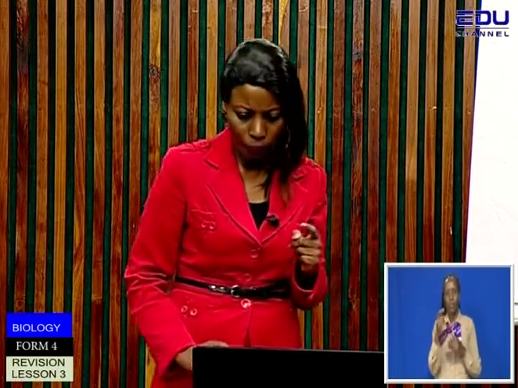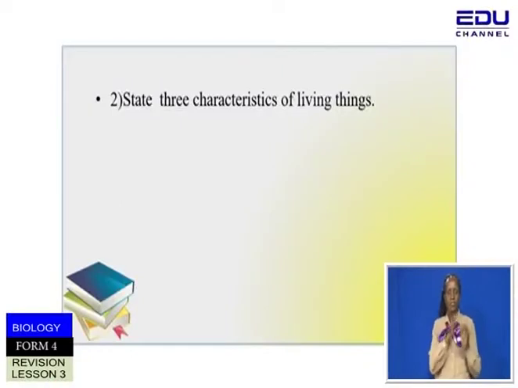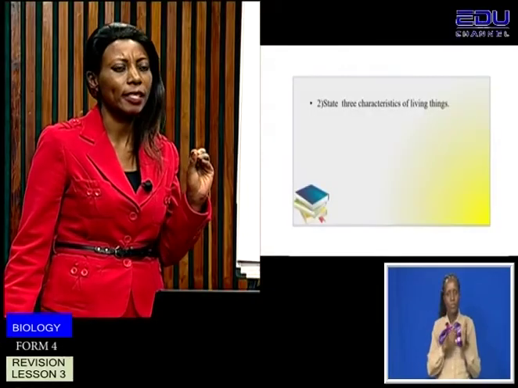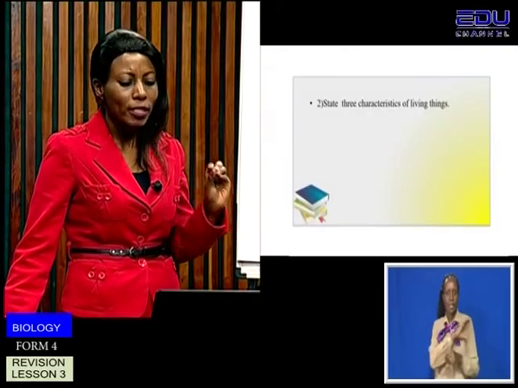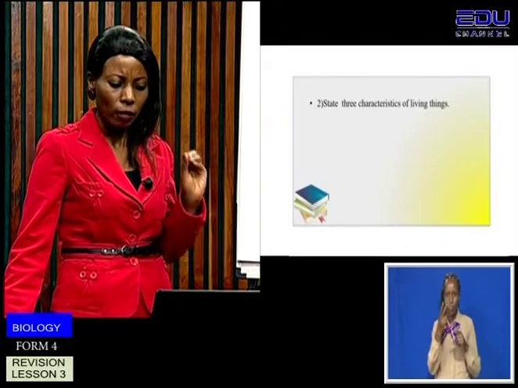Question number 2. State 3 characteristics of living things. Lana, what is expected of you in this particular question? 1 is to know what is meant by characteristics. 2, what is meant by living things.